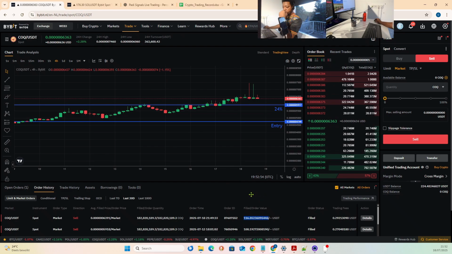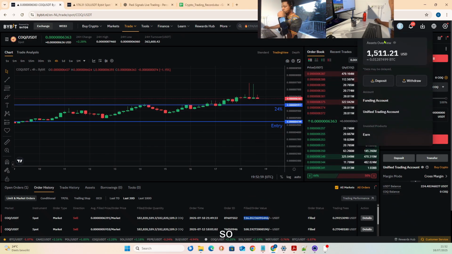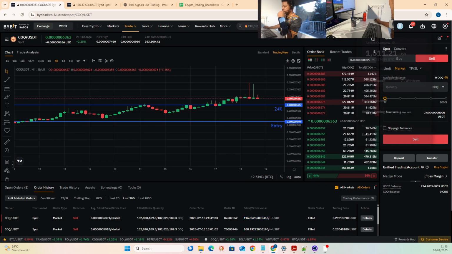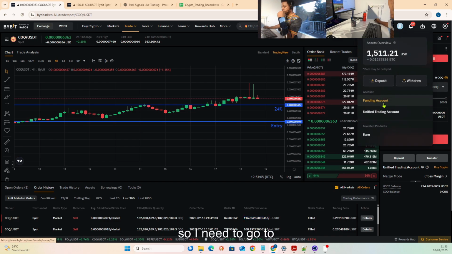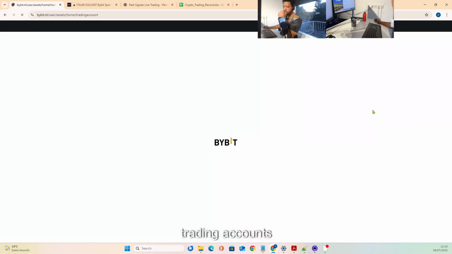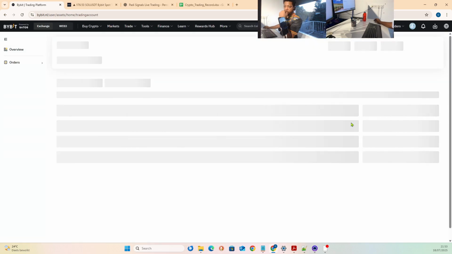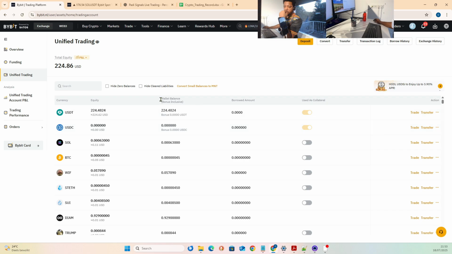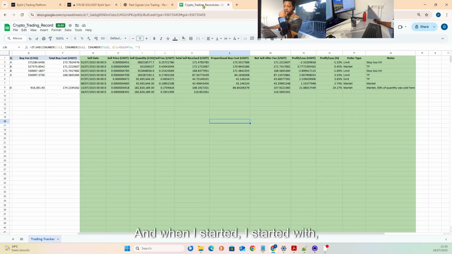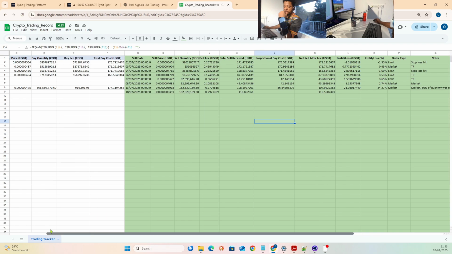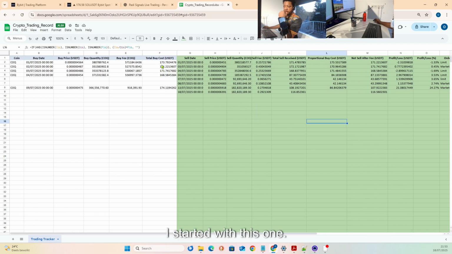So now, I can just show my asset already. So asset overview, or how do I? So I need to go to trading accounts. So now you can see it's $224 I have, and I started with this one.